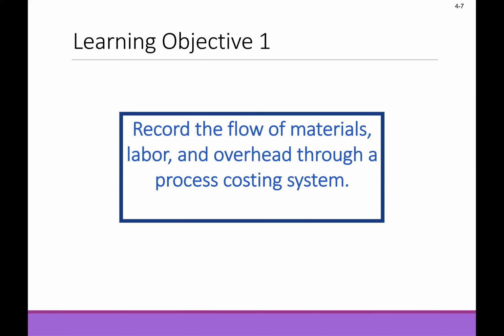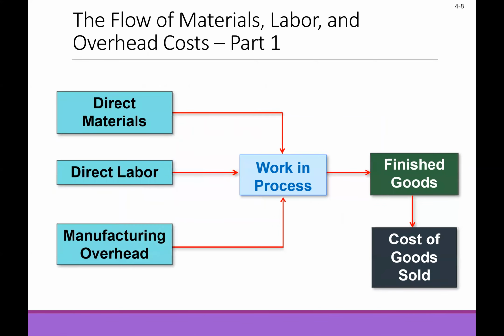First thing we're going to do is talk about how we're going to record the flow of materials through this system. Again, we've got direct materials, direct labor, and factory manufacturing overhead that flow into the work in process as the product is being manufactured.